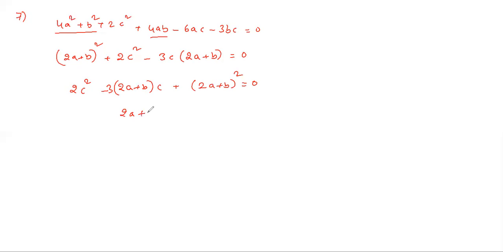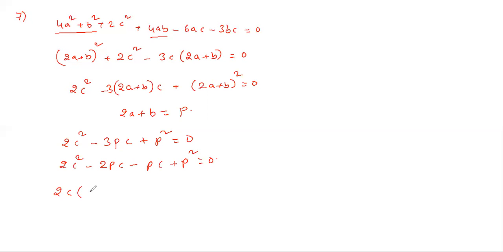Suppose you take 2a plus b equals p, so 2c square minus 3pc plus p square equals 0. This is a quadratic equation in terms of c. So you have to find the values of c. Product 2 into 1, 2, so minus 2pc minus pc plus p square equals 0.